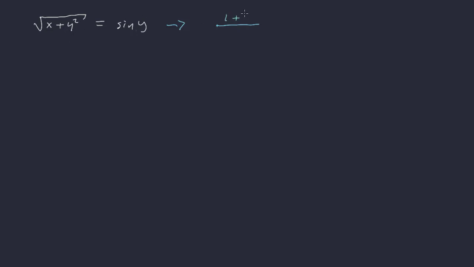So in this case, 1 plus 2y dy by dx all over 2 times the square root of the stuff. Okay. And then we'll differentiate this side, so the derivative of sine of y is cosine of y times dy dx. So let me put that out front instead, so that we have dy dx cosine y.